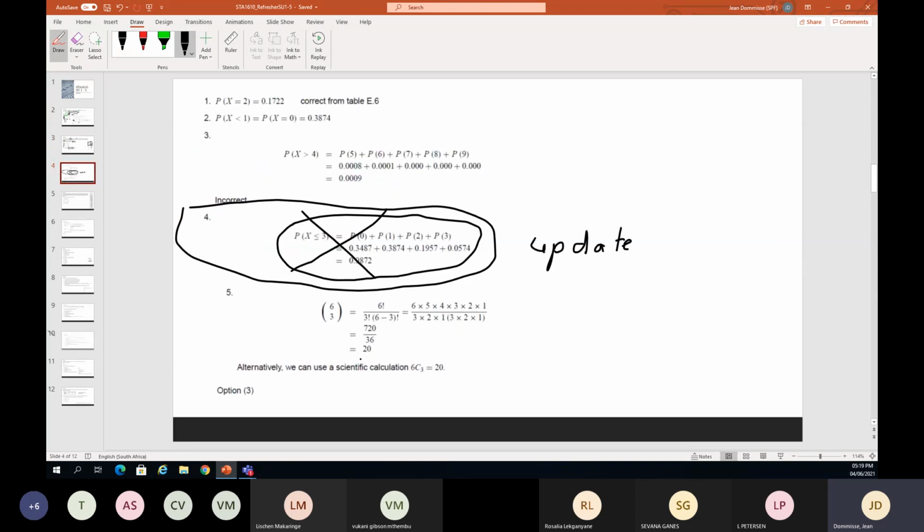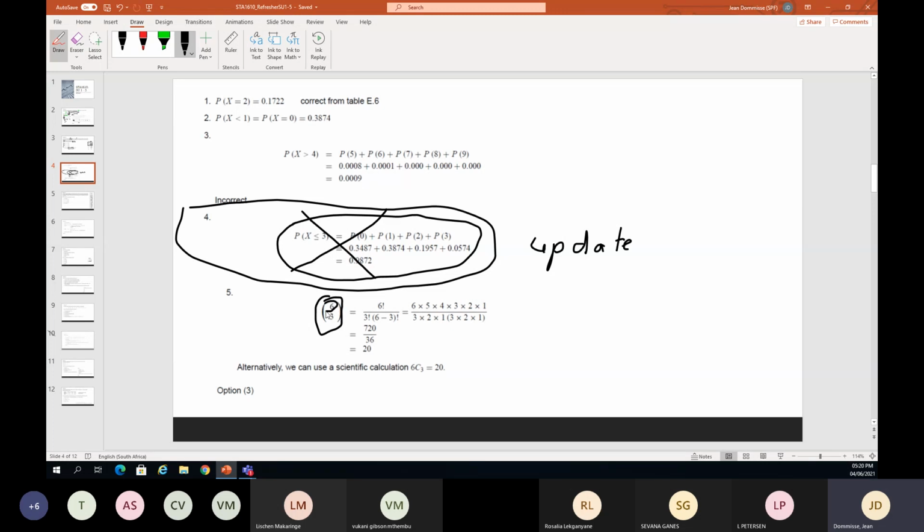Then the binomial coefficient, and you guys would have seen it when I think there were questions around combinations and those kinds of things as well. So basically it is 6 factorial.